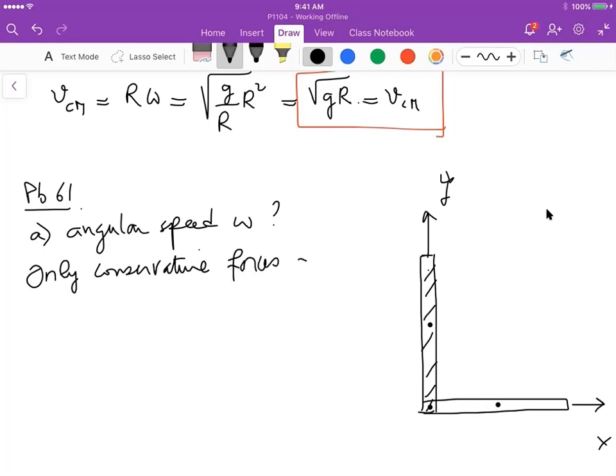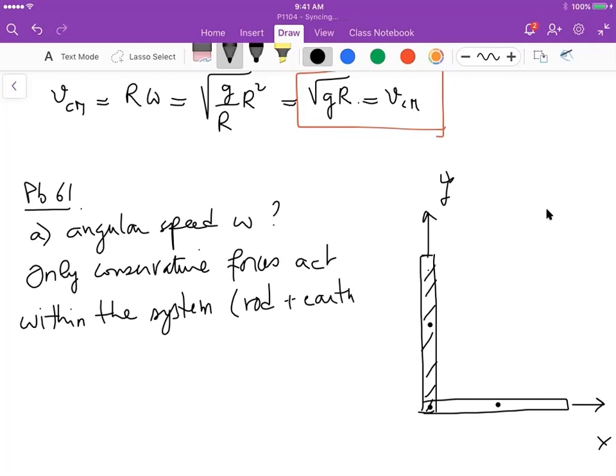Of course, the pivot is part of the rod. Delta EM is equal to 0, which means that the mechanical energy in the initial state is equal to the mechanical energy in the final state.